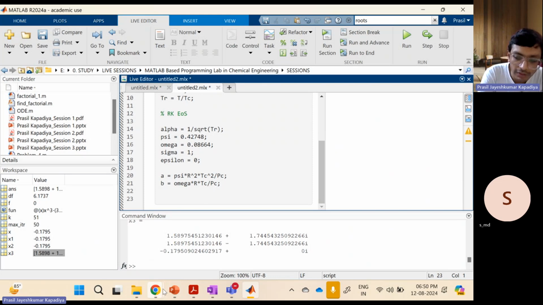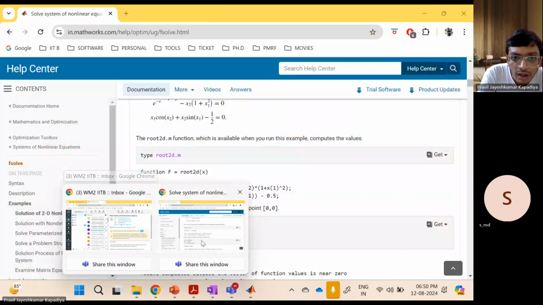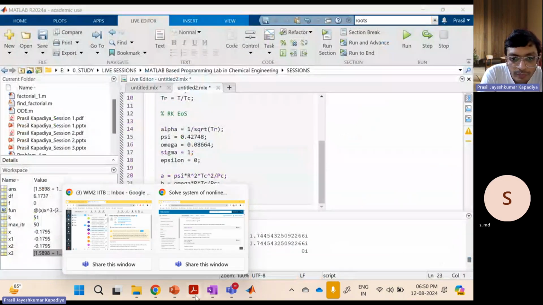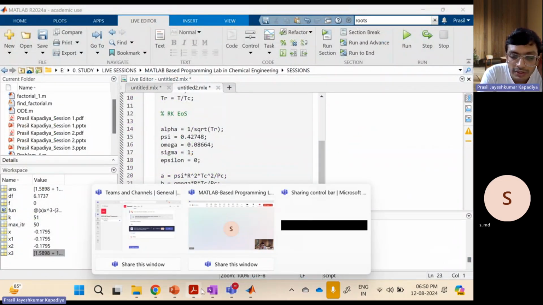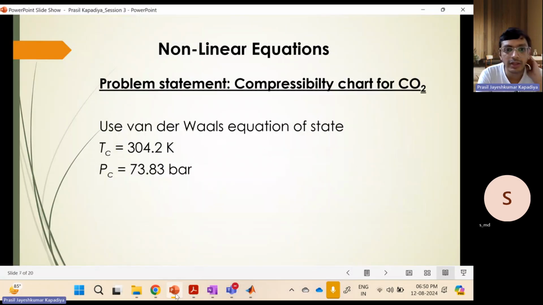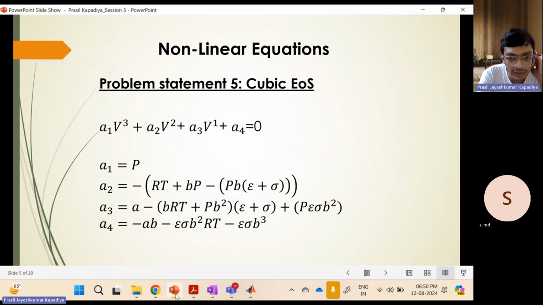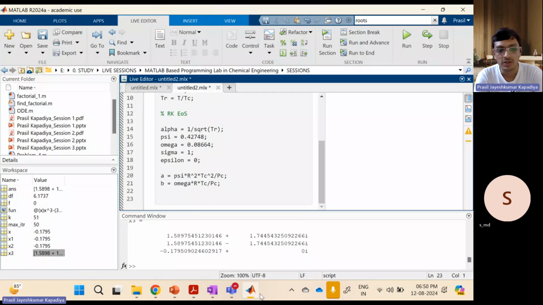So now I need to solve this. What is the value of A1?